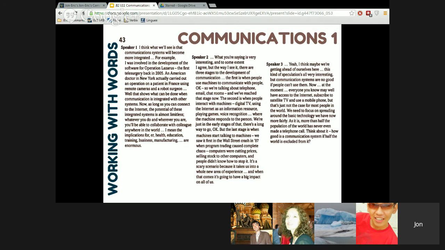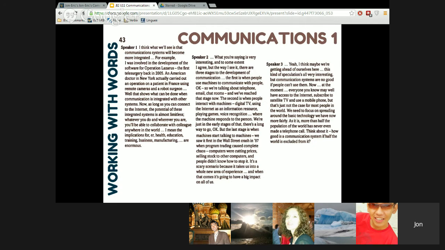Not just that you can be connected, but that communications, he says, will be more and more integrated with each other, so communications and robotics and all of those things will work together, like the surgery that he did. With human beings, yeah, together. That's it. Very good. The gist, with a G. Thank you.